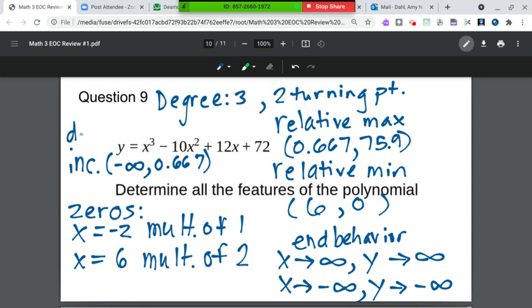It's decreasing from 0.667 to 6. It's increasing from 6 to infinity. And I think that probably is a good summation of all of the features. We did intervals, we did zeros, we did relative max and min, and we did end behavior.